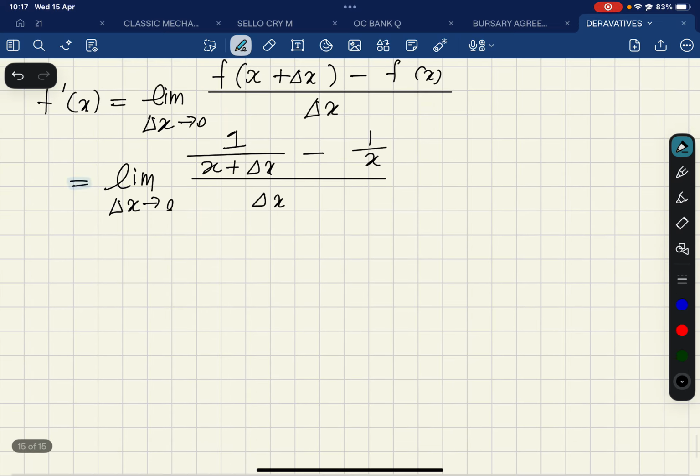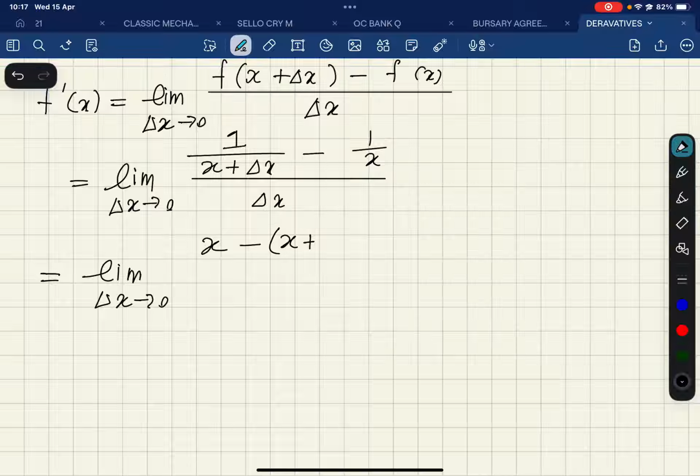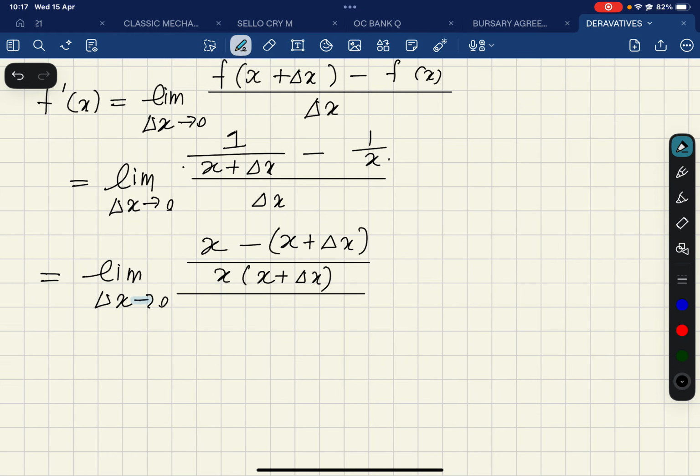So in the numerator I see a fraction minus a fraction, which means I'm going to do the LCD, which is going to be 1 times x, which is x, minus 1 times x plus change in x, all divided by this one times this one, which is x times x plus the change in x, all divided by the change in x.